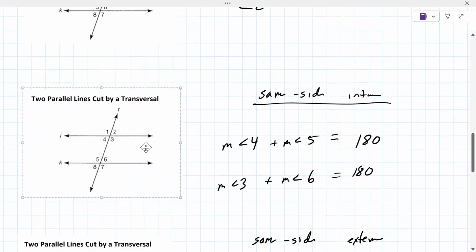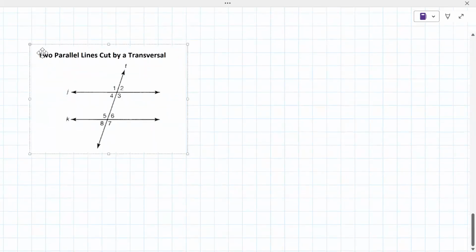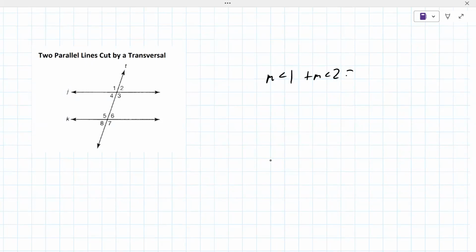But for example, here, let me grab this picture because you sort of alluded to this in one of your answers, like the measure of angle 1 plus the measure of angle 2 equals 180. Those are not on the same side, but they're a linear pair. Right. So that's another thing to look for. Do you know what I mean by that linear pair?